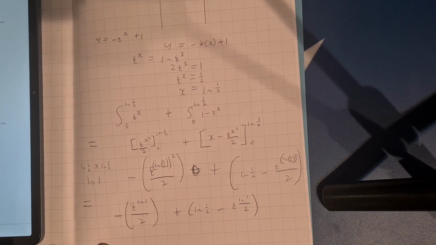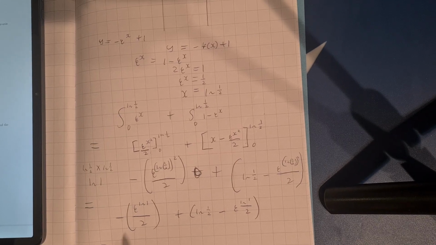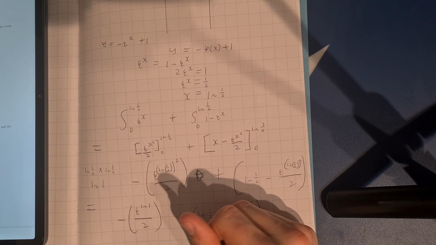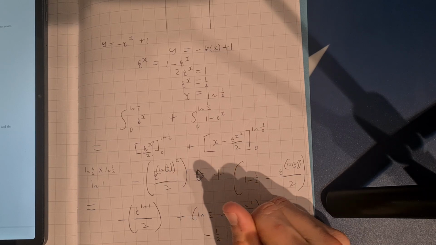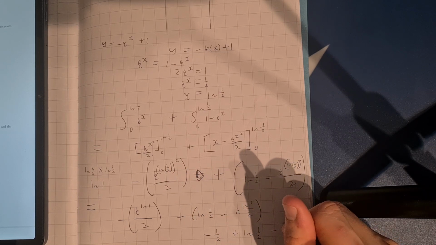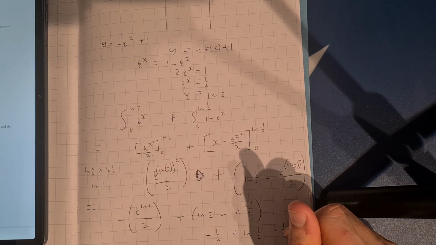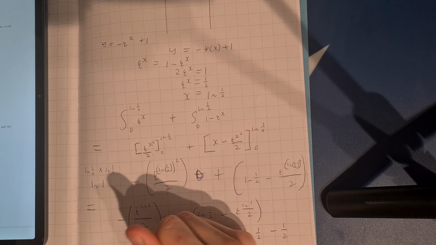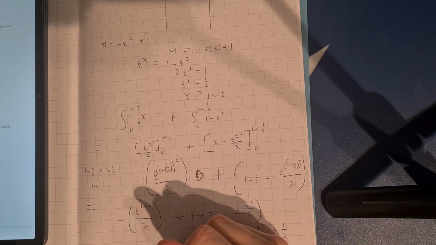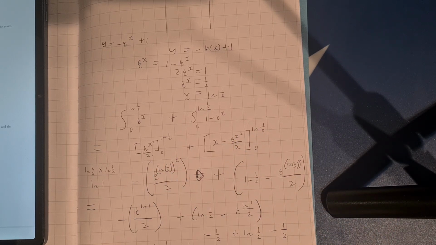So then we've got e to the ln, it's going to cancel, isn't it? You just get 1 over 2. So you have minus a half plus ln a half minus a half. So then that's ln a half minus 1, right?